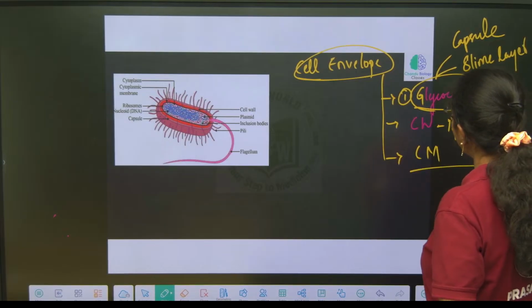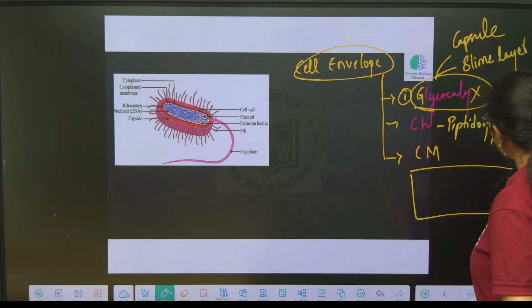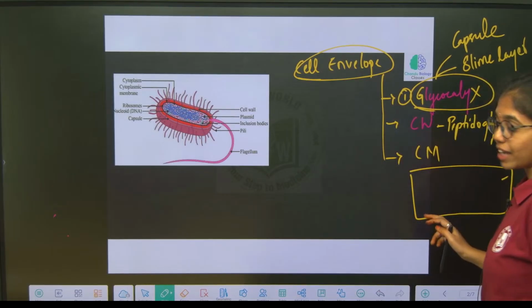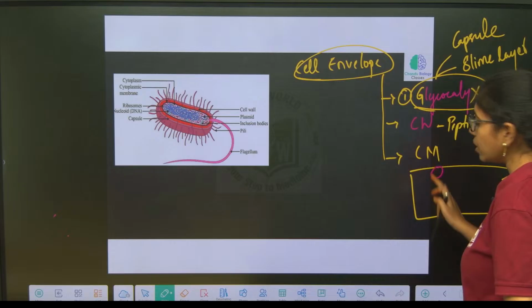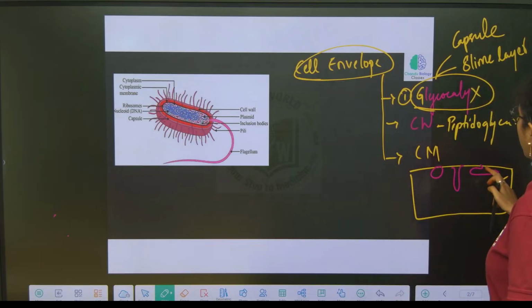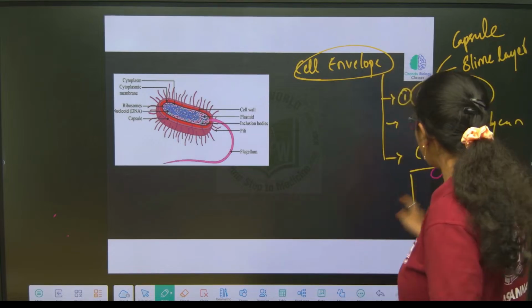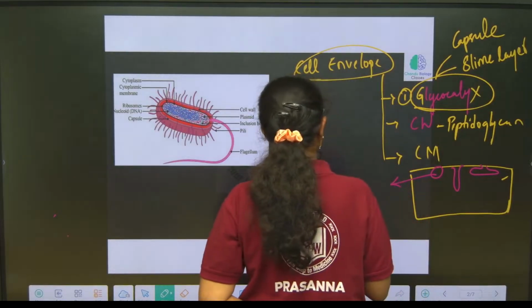And cell membrane will have some invaginations or inclusions towards the cytoplasm. Those invaginations can be in the form of vesicles, tubules, or lamellae. These inclusions towards the cytoplasm from cell membrane are called mesosomes.